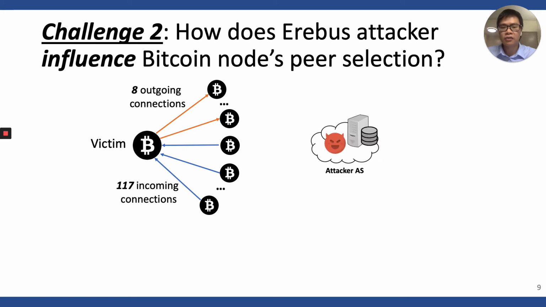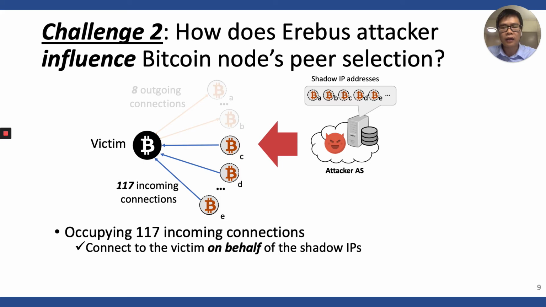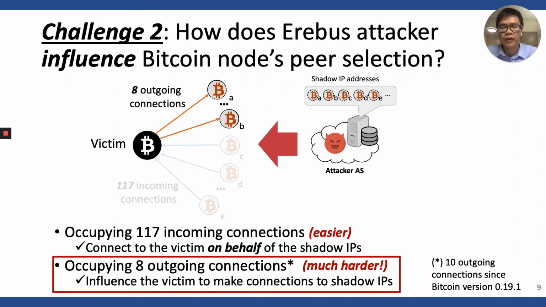The attacker's goal here is to occupy all 125 peers of the victim with the shadow IPs. At a high level, occupying incoming connections can be done simply by connecting to the victim with the shadow IPs, and this is easy in general. On the other hand, the attacker must influence the victim to open connections to the shadow IPs, and this is much harder. And how to do that is the focus of the rest of the talk.